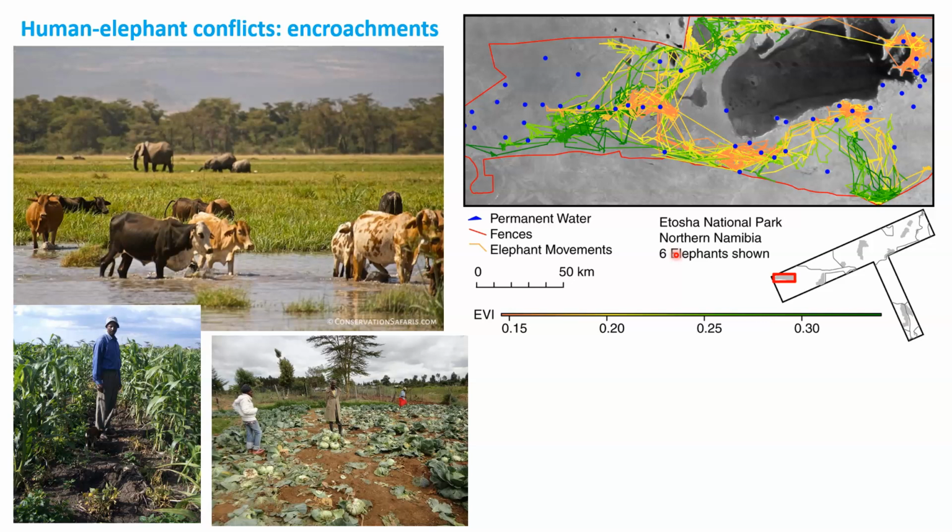Some farmers are doing cattle ranching, and in the background you can see several African elephants, right? So this shows that there's a very tight interface between humans and wildlife, which is quite problematic in terms of conservation and wildlife management.